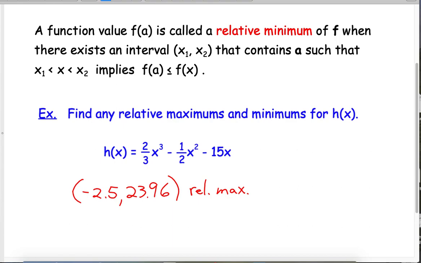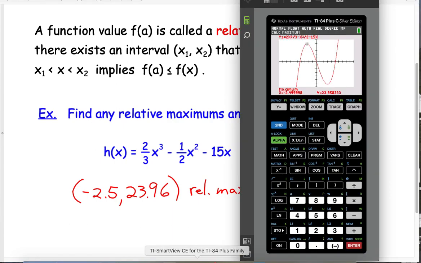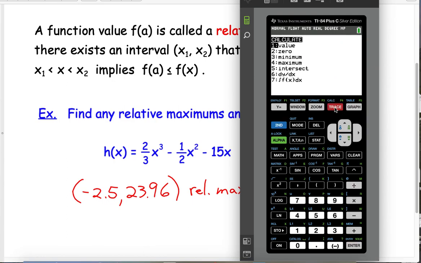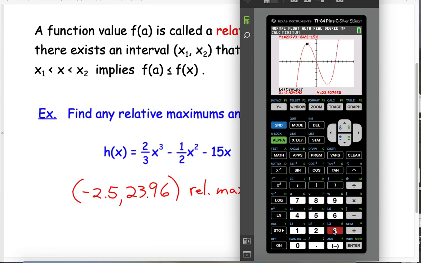Okay, now let's find relative minimum. Let's go back to our calculator. And once again, we'll press second trace to calculate menu. This time I'm going to do number 3, minimum. And now I could hit the right arrow to get it all the way down there, but I'm just going to punch in 2. So it jumps right to there. And then I'm going to punch in 4, and then I'm just going to press enter for the guess.